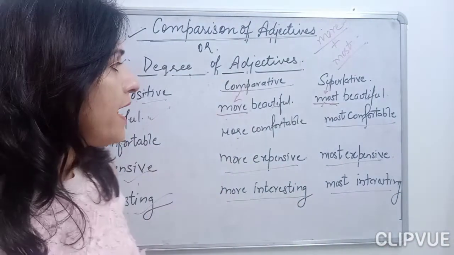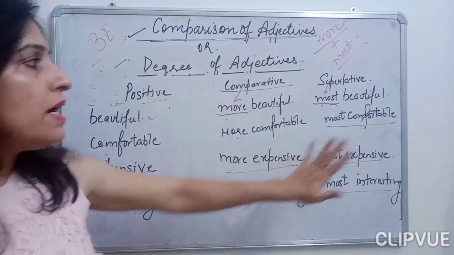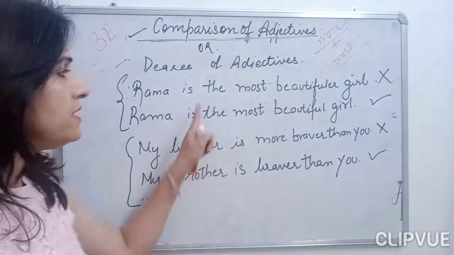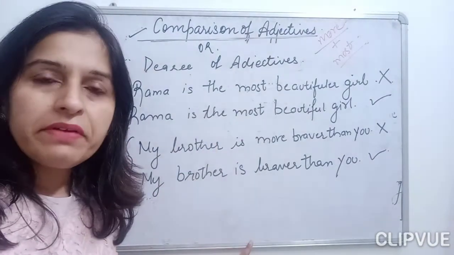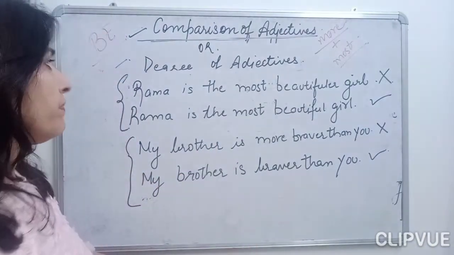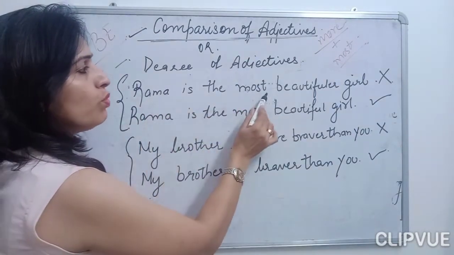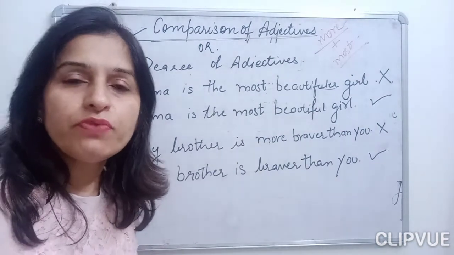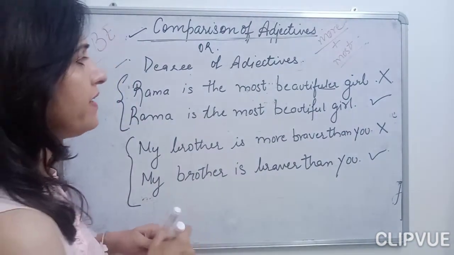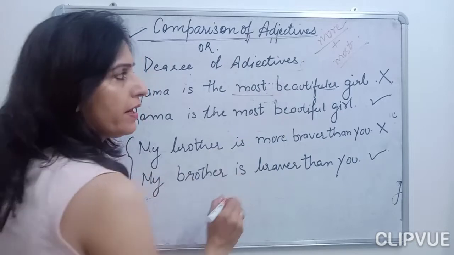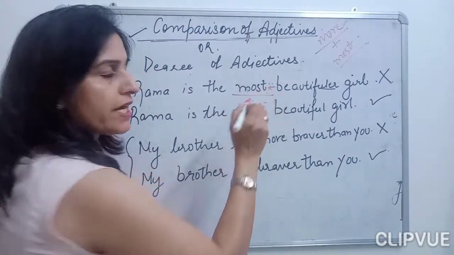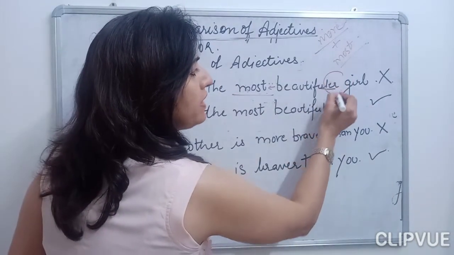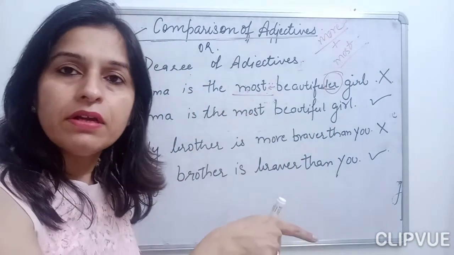Fine. So here I have shown you how we can use these adjectives. Now see these examples, children. The common errors that are made by the students. Rama is the most beautifuler girl. When you have added most here, children, to show the superlative form, why are we adding er here?